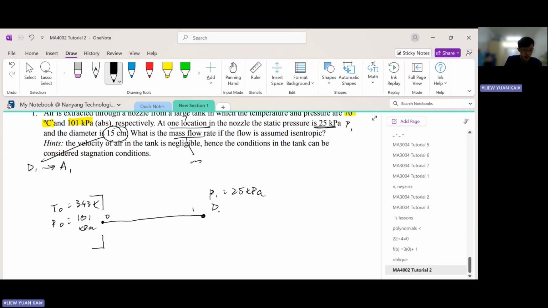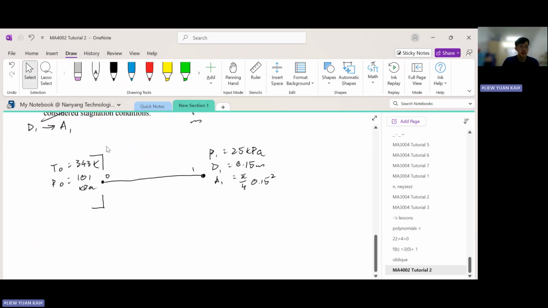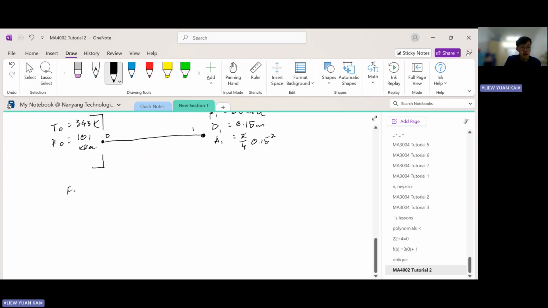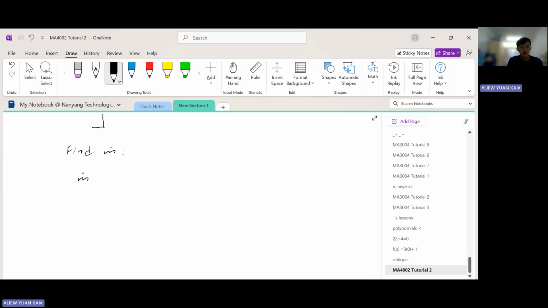The diameter will give us information on the cross-section area, which is given by pi d squared over 4. So our mission here is to find m dot, the mass flow rate.